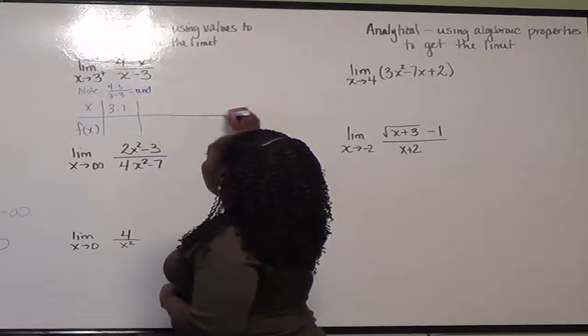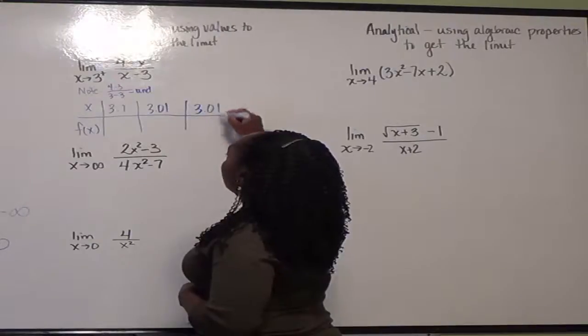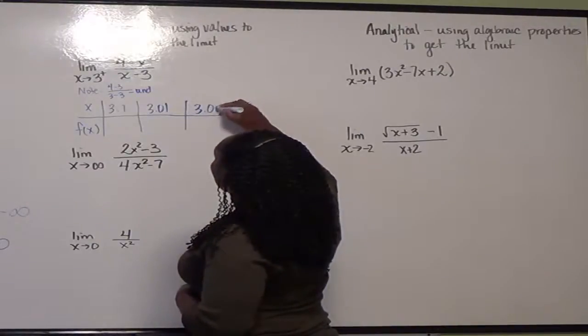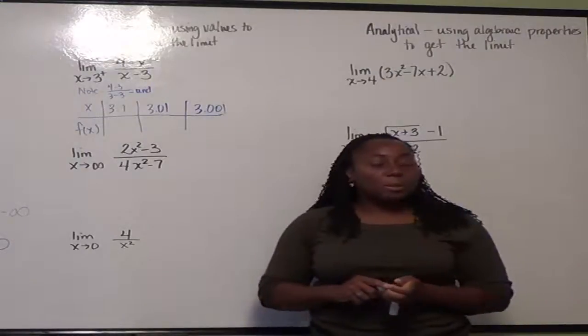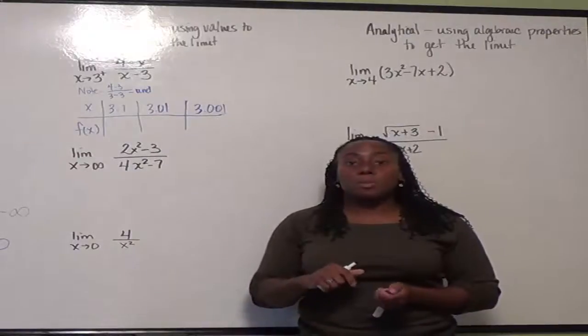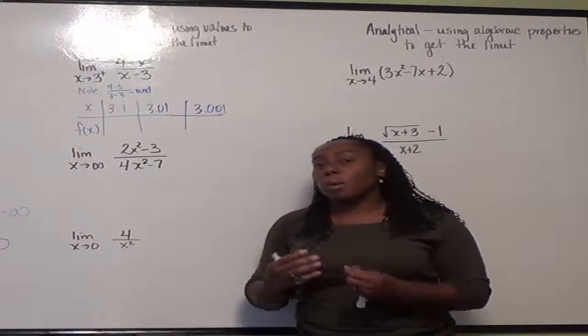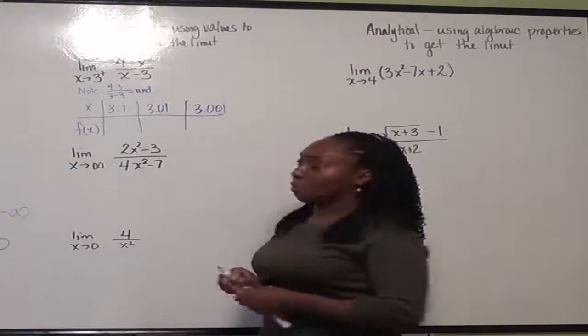So one way to do that is to look at values like this. So 3.1, 3.01, 3.001. And I can go further in this table if I need to. But I just want to figure out what the y values are doing. What are they approaching as these values are getting closer to 3?